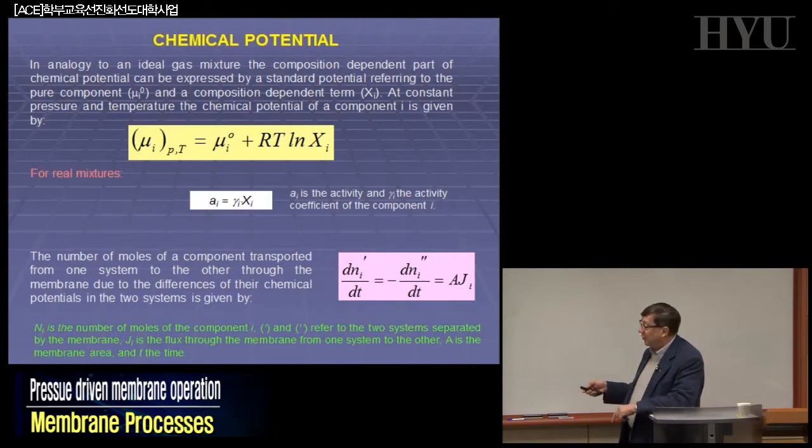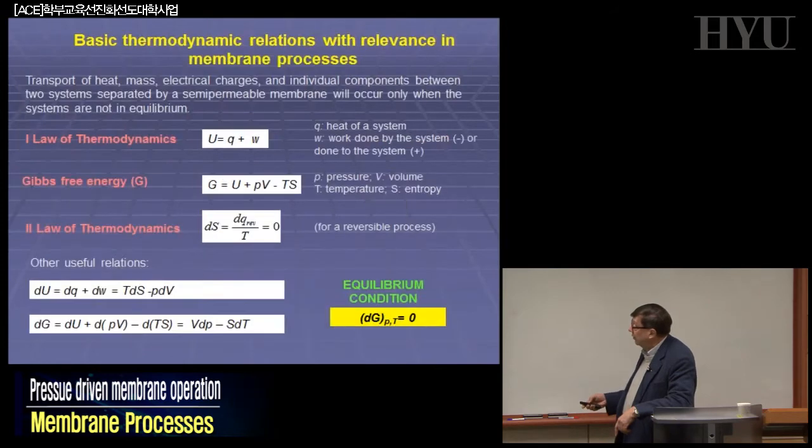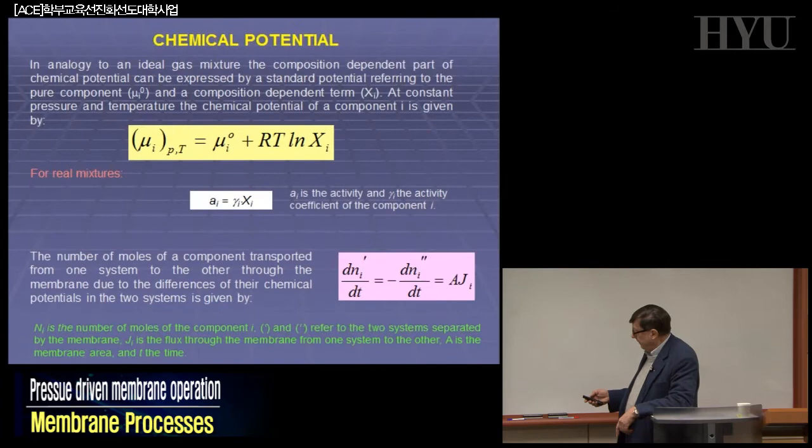In the expression before, we can also assume that the composition of the other terms is constant. That is the more general expression that we want to use, where we can just assume that this term here is the chemical potential in a standard condition of pressure and temperature.